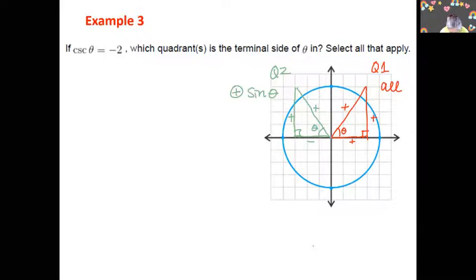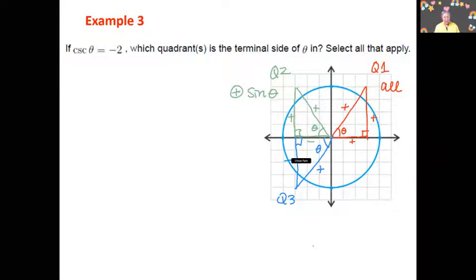Now if I have any terminal side in quadrant 3, this is the right angle, this is the hypotenuse, and this is the reference angle here. The hypotenuse is always positive. Now the adjacent is negative, and also the opposite is negative.